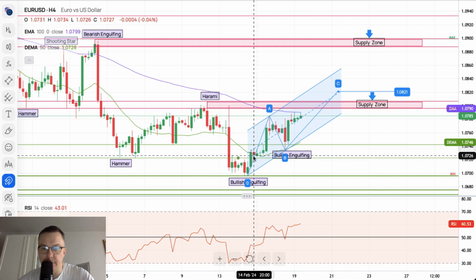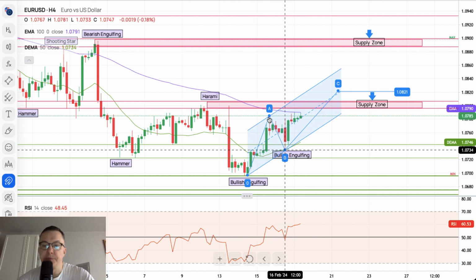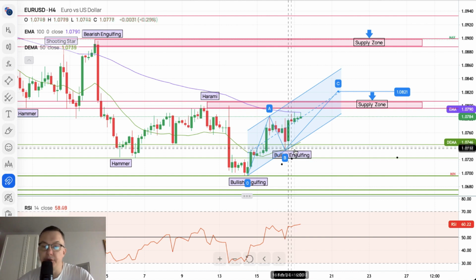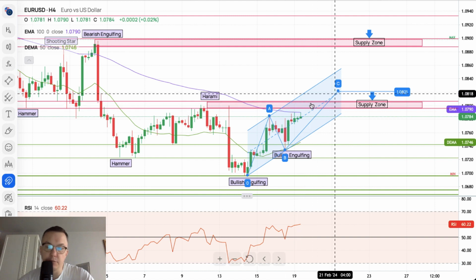So now we bounced in the wave A. We've done some sort of correction in the wave B, and then we got another bullish engulfing, and now we are moving higher.